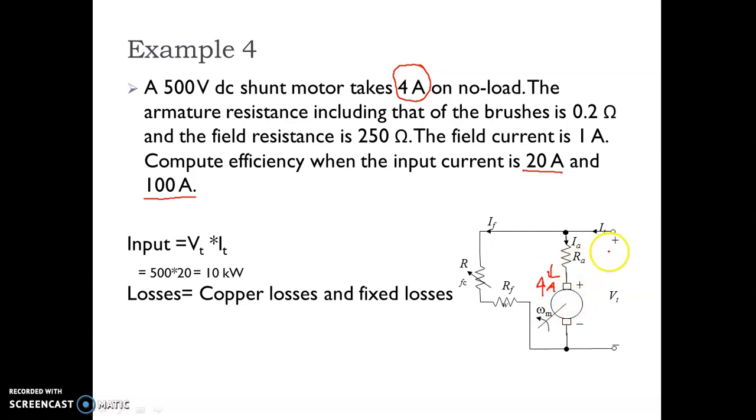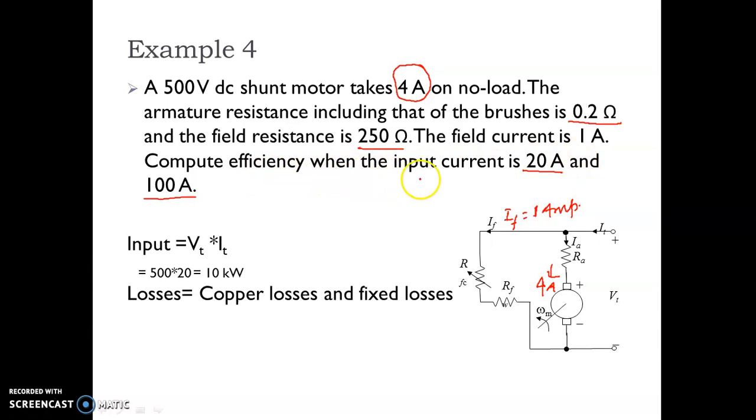The armature resistance including that of brush, means brush resistance and armature both, is 0.2 ohm, and the field resistance is 250 ohm. The field current is 1 ampere, means IF equal to 1 ampere.